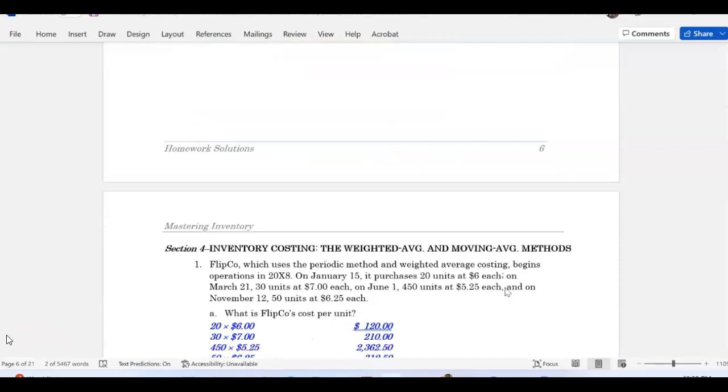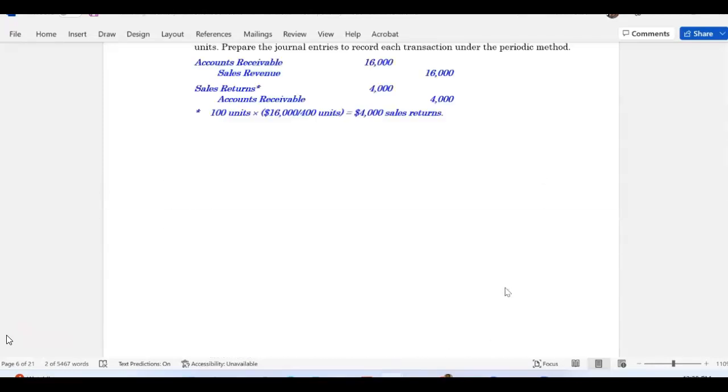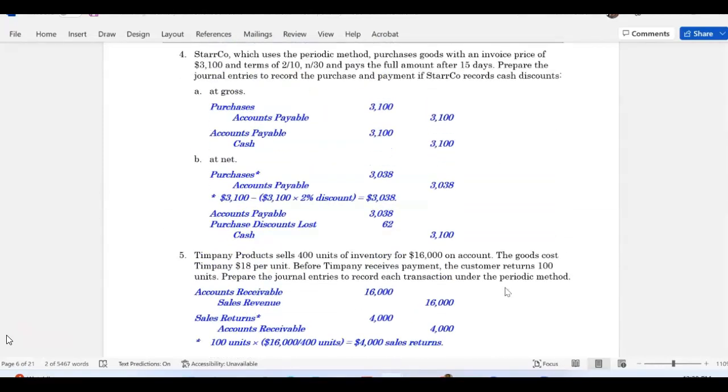So that is the periodic method. In the periodic method, I want you also to read the book because it shows how to close the so-called cost of goods, how to recognize the cost of goods sold and close the purchases.